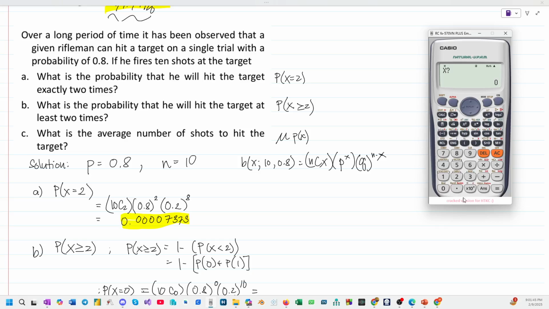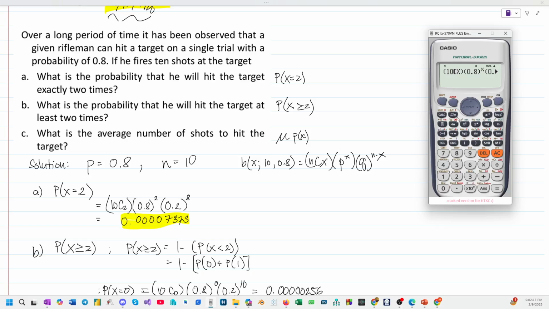Okay, we have x equals to 0, we have 0.0000001024. Then x equals to 1. Solve for x equals to 1.